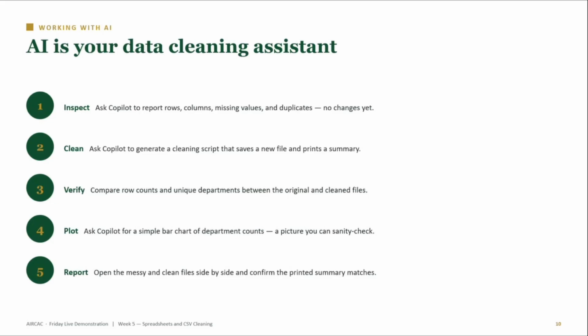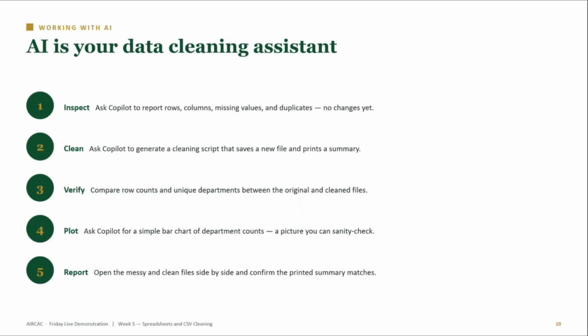Fourth is the plot. Ask the Copilot for a simple bar chart of department counts, a picture you can quickly check visually, because when we use vision, it is much better than using a spreadsheet or CSV file.